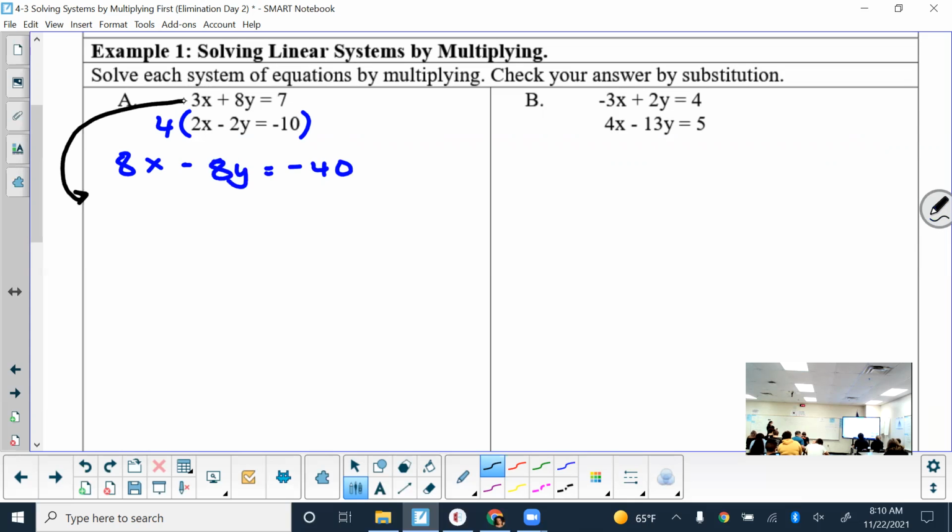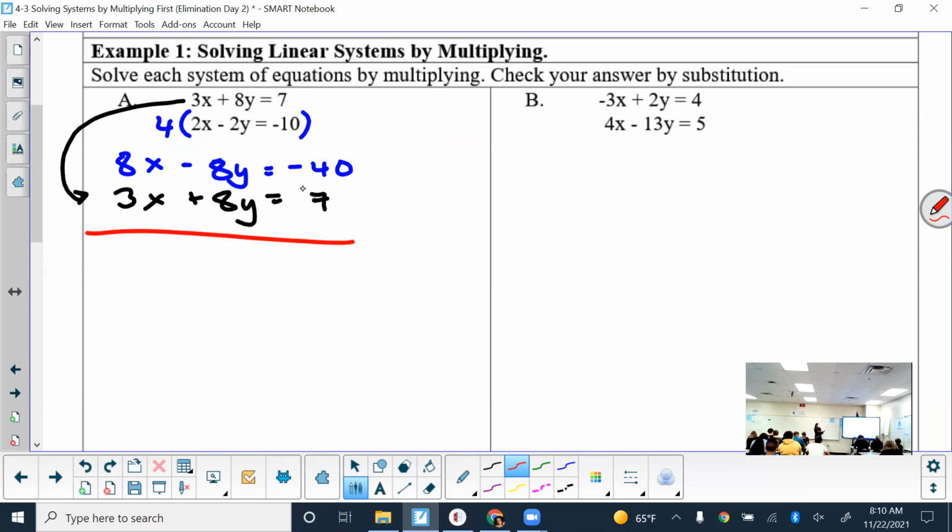No. So I'm just going to rewrite it down here so that I can solve it with elimination. All I did was rewrite that. But do I have a common coefficient now? Yes. So now we can continue with solving by elimination. Questions so far?